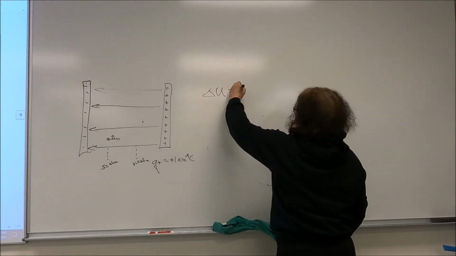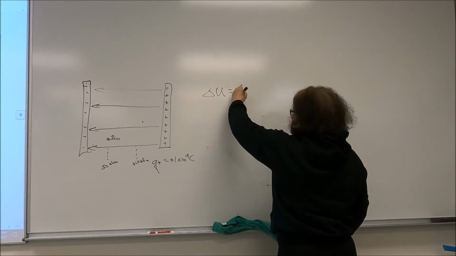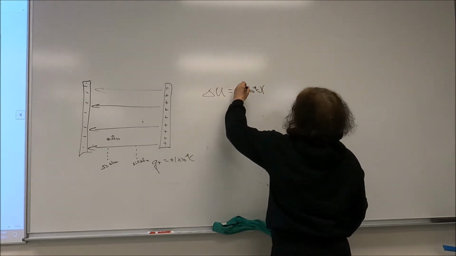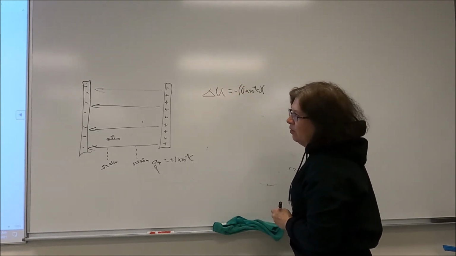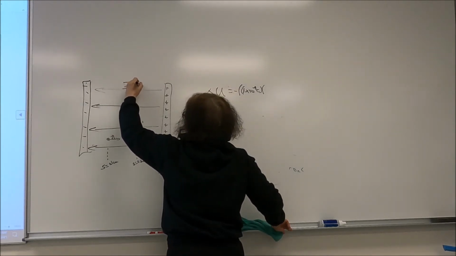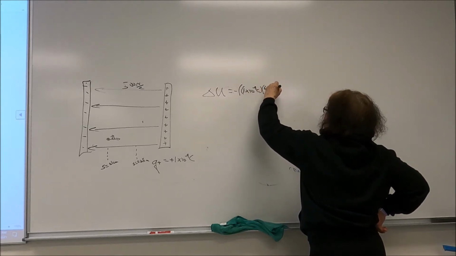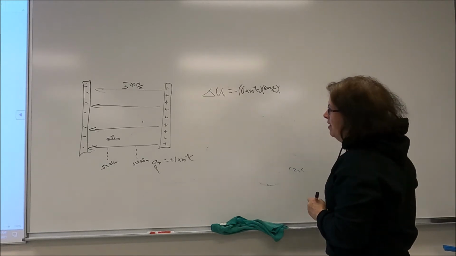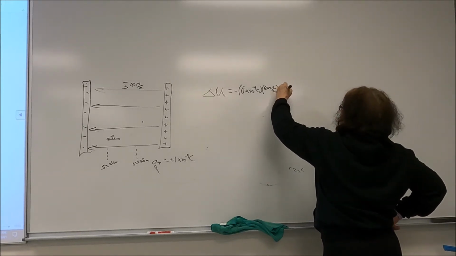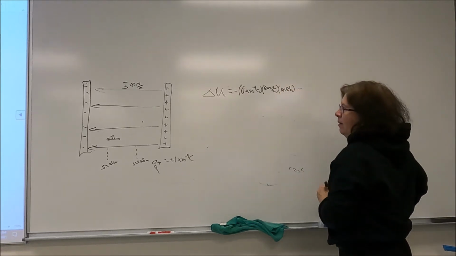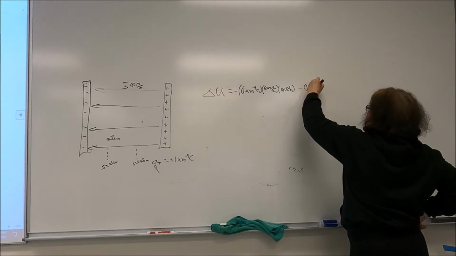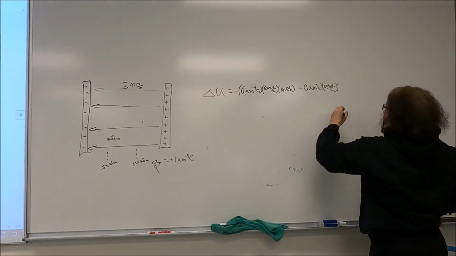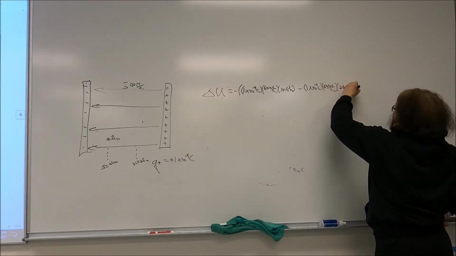It's going to be the negative of Q, which is 1 times 10 to the minus 9 coulombs, times the electric field strength, which I told you was 500 newtons per coulomb, times the initial position, which is 1 times 10 to the minus 3 meters, minus the 1 times 10 to the minus 9 coulombs, times 500 newtons per coulomb, times 2.5 times 10 to the minus 3 meters.